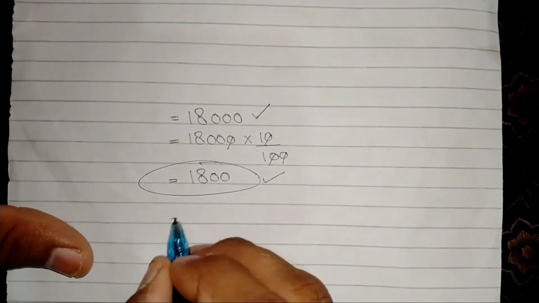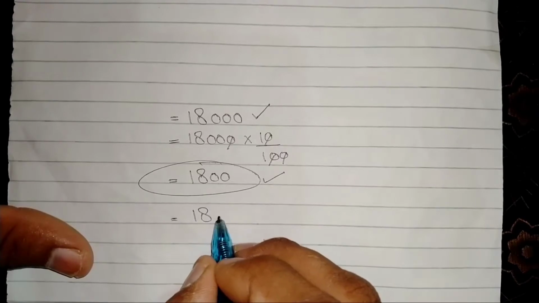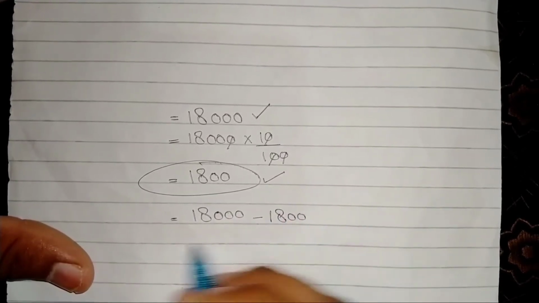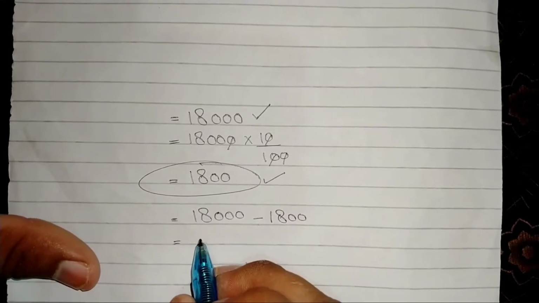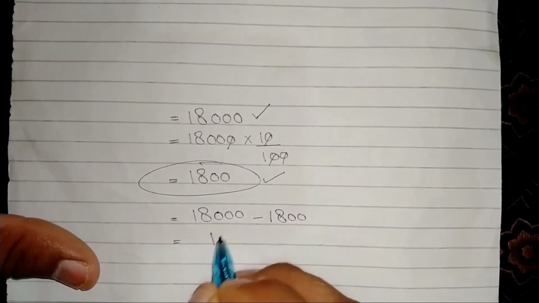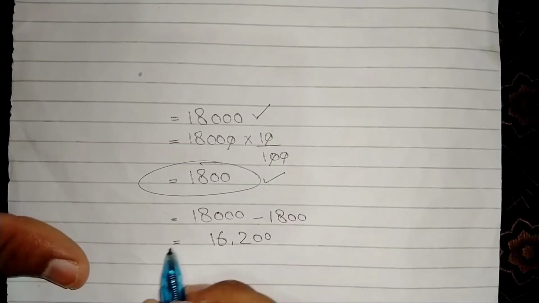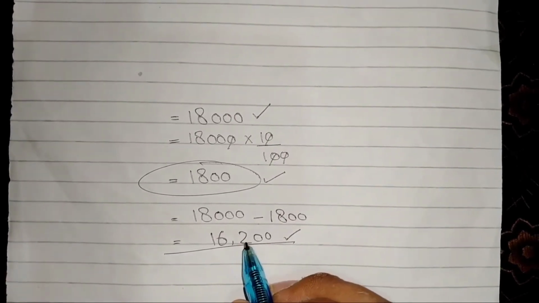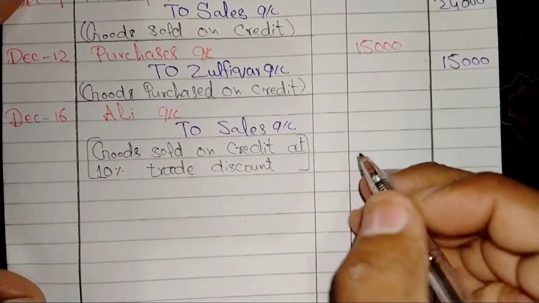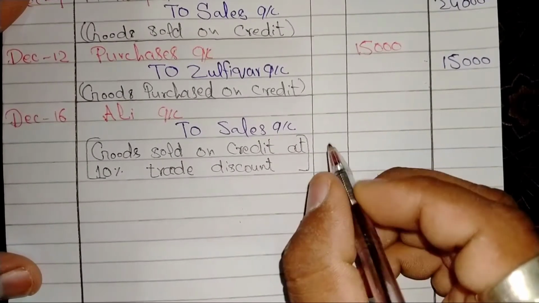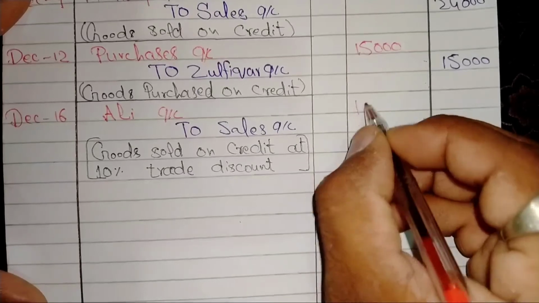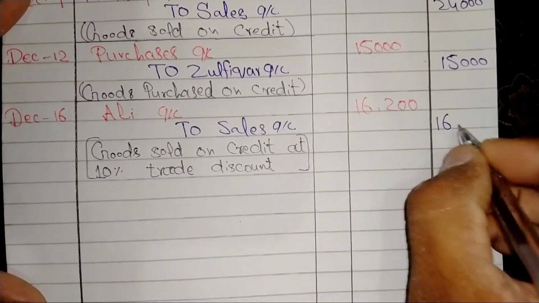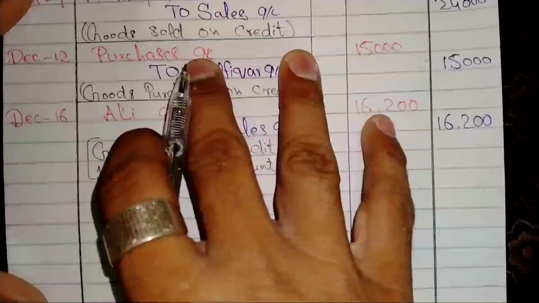We will now deduct $1,800 from $18,000, so the actual amount is $16,200. This is the trade discounted amount. After deduction of the 10% discount, we now enter this amount in the entry, which is $16,200, and the same here, $16,200. This transaction has been completed.